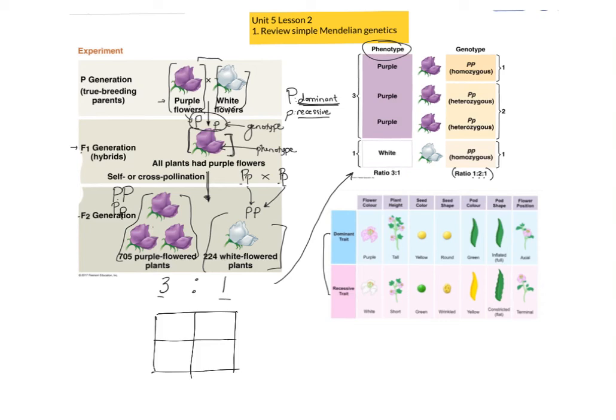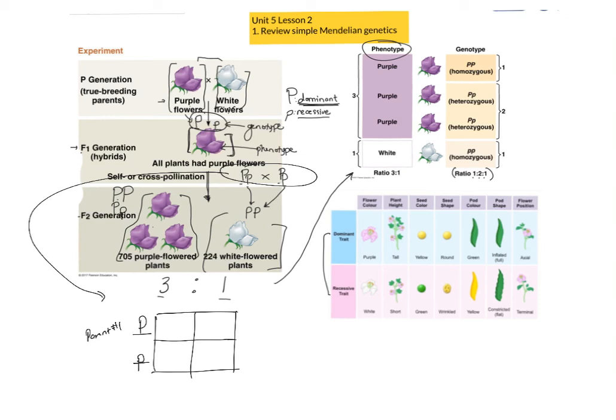So let's take an example from the F1. If I'm crossing two heterozygous pea plants from the F1 generation, so I'm representing this cross right here, on one side, parent number 1 can either contribute an uppercase P, a dominant factor, or a lowercase p, a recessive factor.